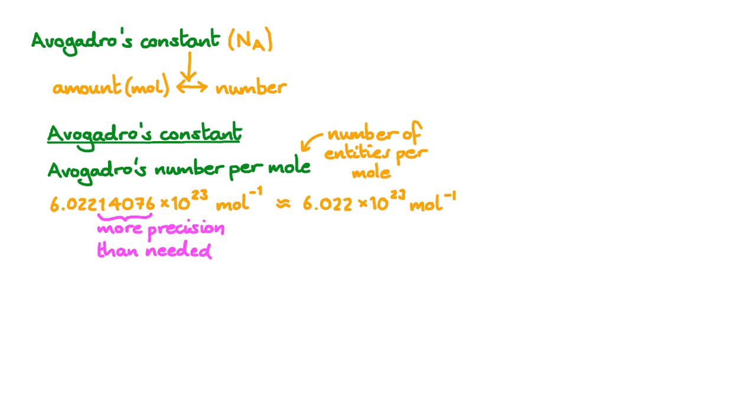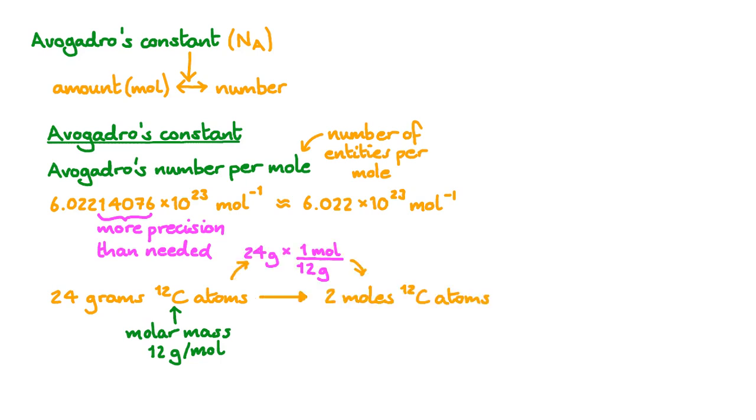Now let's apply Avogadro's constant to a problem. Let's imagine we have 24 grams of carbon-12 atoms. We know that the molar mass of carbon-12 is 12 grams per mole of carbon-12 atoms. We can divide the 24 grams by 12 grams per mole and find that we have 2 moles of carbon-12 atoms.